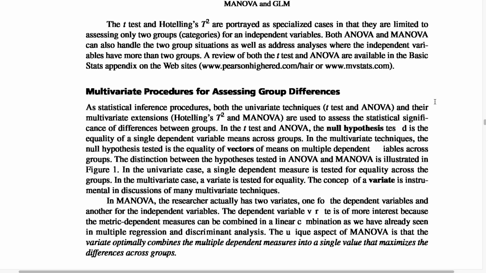The dependent variate is of more interest because the metric dependent measures can be combined in a linear combination, as we have already seen in multiple regression and discriminant analysis. The multivariate aspect of MANOVA is that the variate optimally combines the multiple dependent measures into a single value that maximizes the difference across the groups.